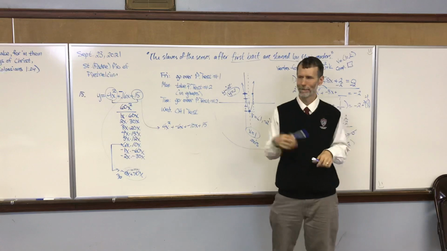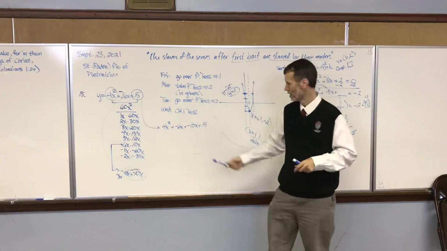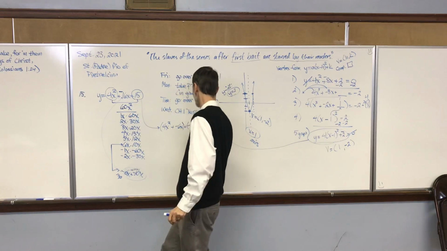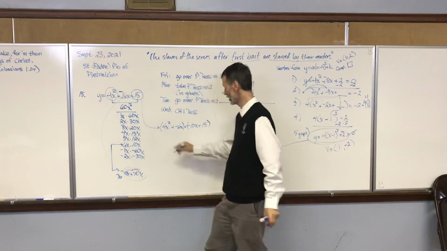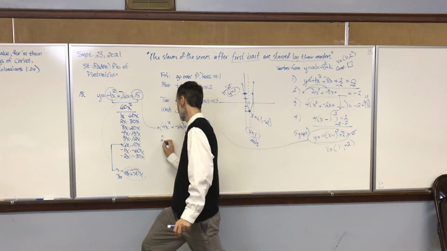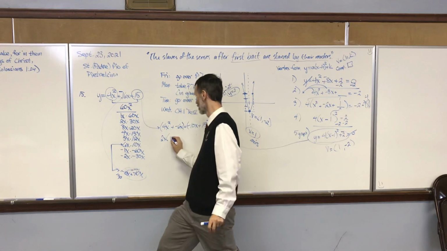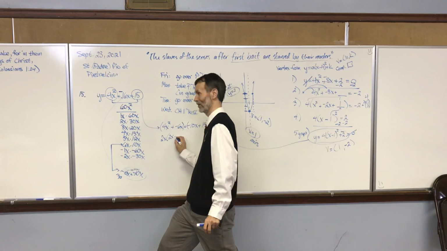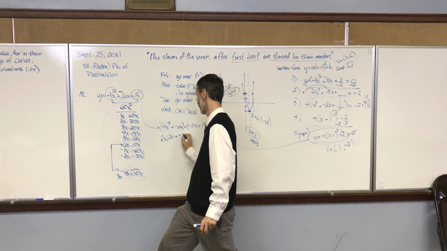What do you do now? Josh. Factor by grouping. Try it. What's the little mini GCF out here? 2x. Good. 2x. And what's left behind? You need to do minus, plus negative 3.